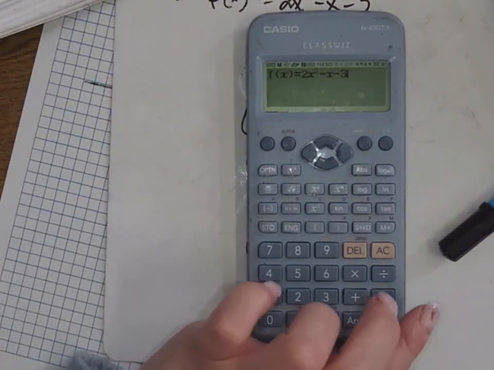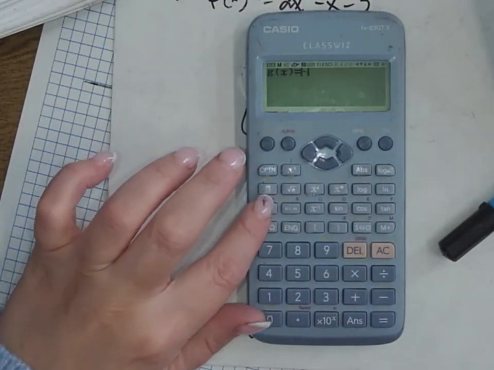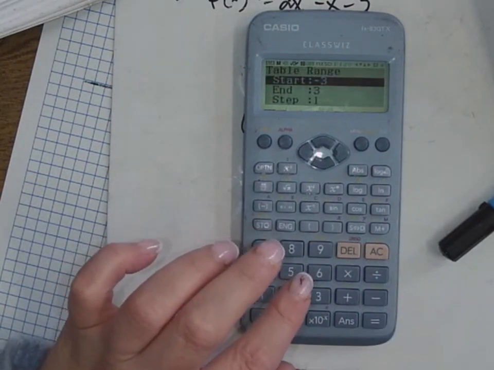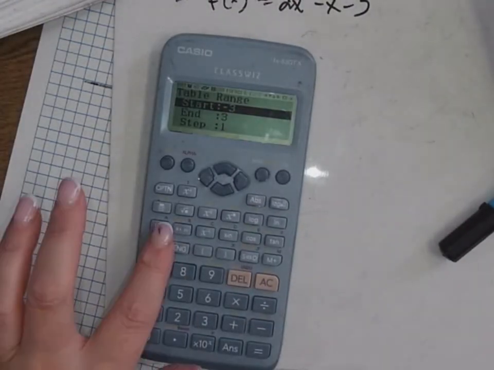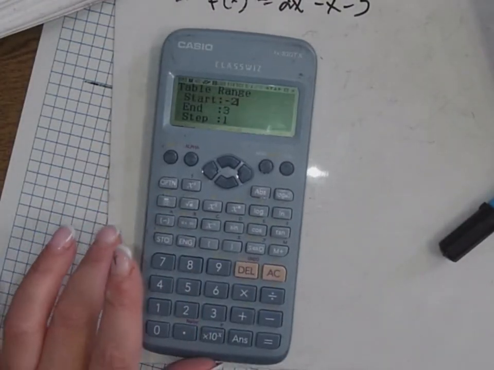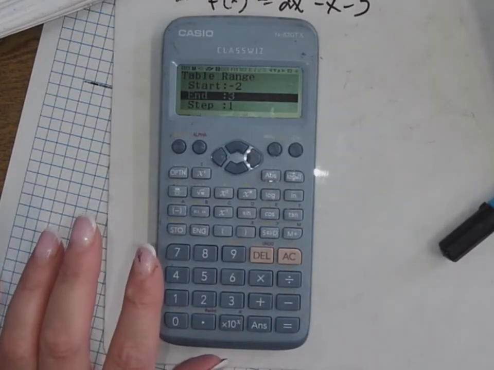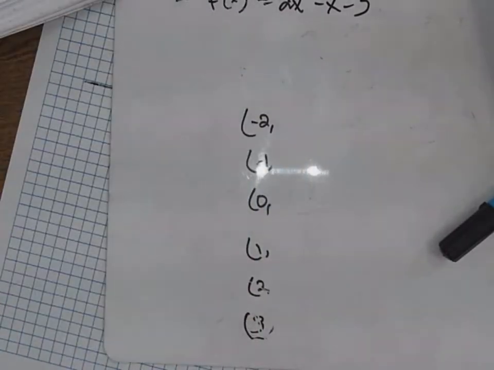So then we enter, so equals, start is -2, small -2, enter, end is 3, always step 1, and then you get your points.